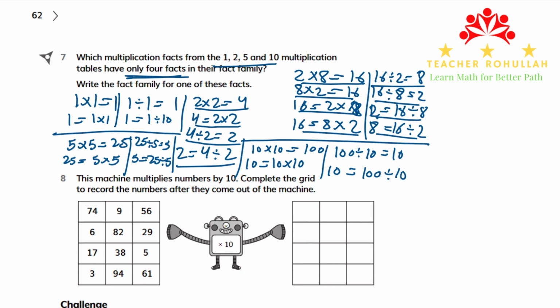We can see that all of these numbers have only 4 facts in their fact family. But if we have different numbers like 2 and 8 that I gave here, we have 8 facts. I hope it helps you understand how they are having 4 facts in their fact family, and how this one is having more than 4 facts in its fact family.